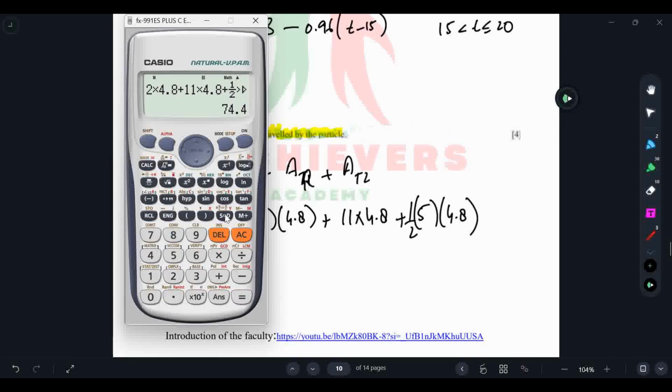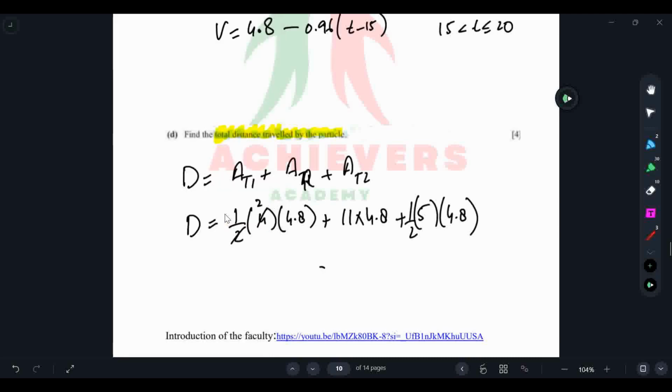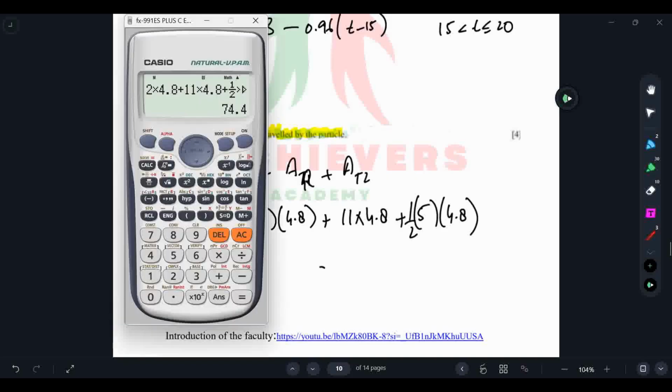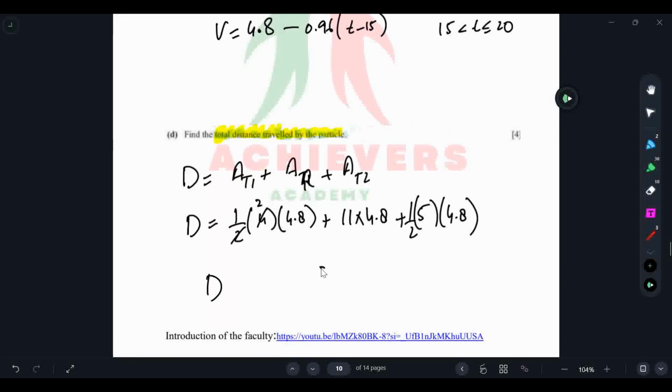So this will be equal to 74.4. 5 multiplied by 4.8, this one is right, 4.8 into 11 and then 2 into 4.8. This will be equal to 74.4 meters. So the distance will be 74.4 meters. This will be the final answer.